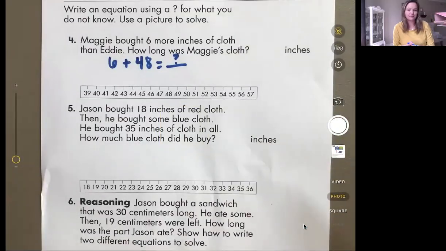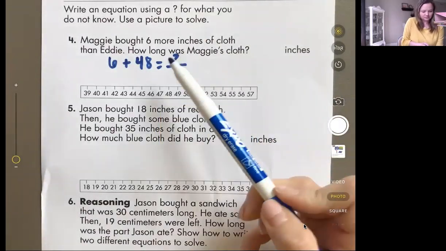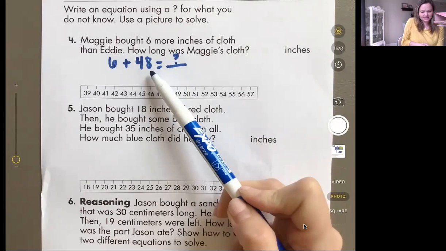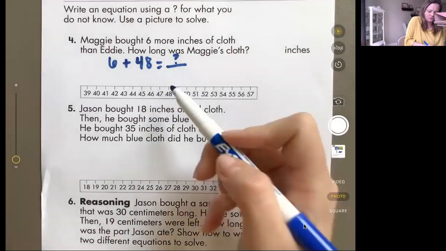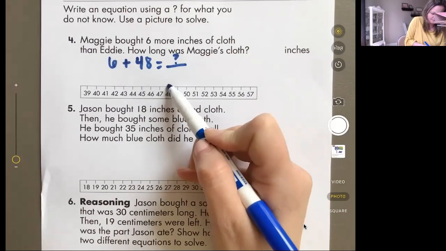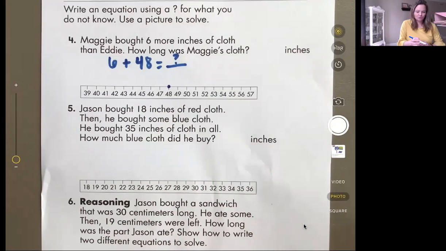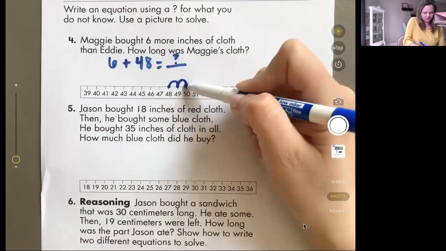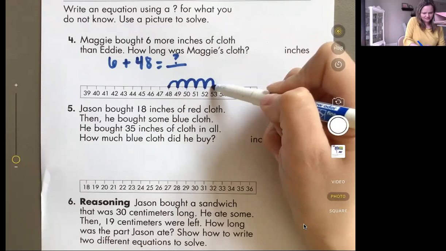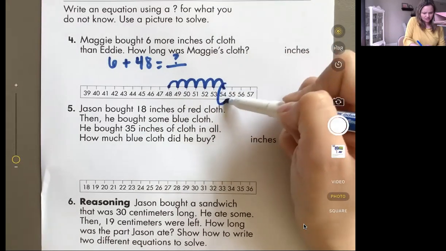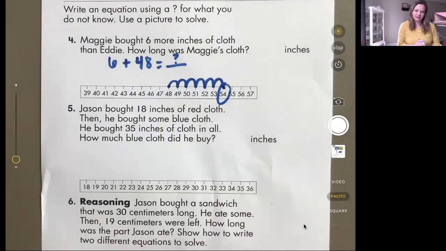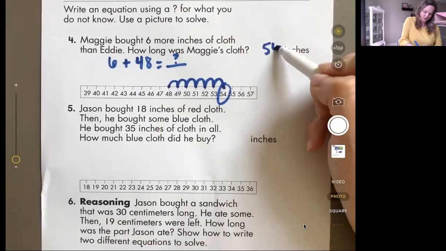So we're going to find out how many inches. So 6 more than Eddie. We're going to start where Eddie was, which we know is 48, and we're going to add 6 more. 1, 2, 3, 4, 5, 6. So our answer would be 54 inches.